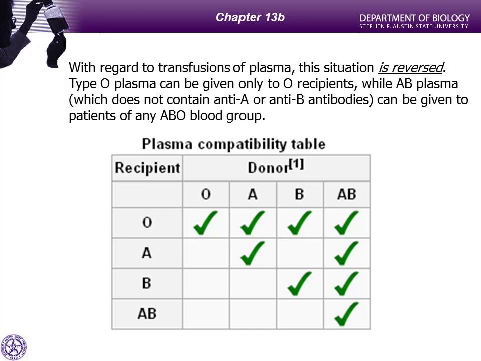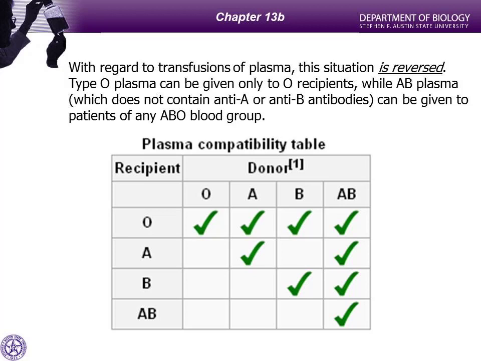And so with our plasma, we see whereas O, and we don't have our Rh factors here, right? Because we're not going to see antibodies against Rh factor. We're just not. Unless you're a Rh negative mom and you had the baby, blah, blah, blah. So here, if you are an O person, you're going to be able to receive blood from anybody.